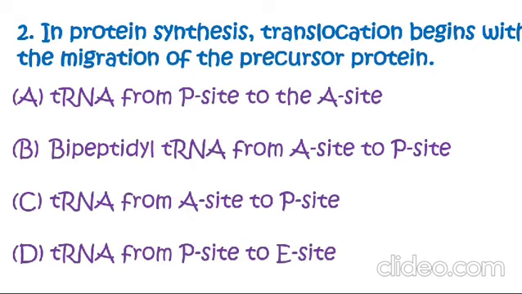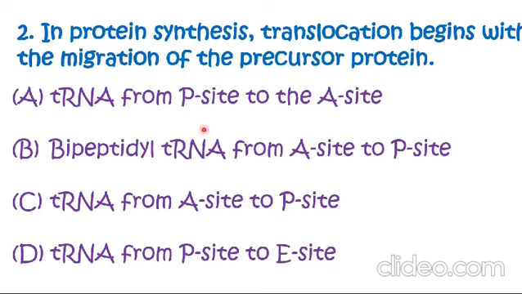Question number 2 is: in protein synthesis, translocation begins with the migration of which? Options are: A, tRNA from P site to A site; B, peptidyl tRNA from A site to P site; C, tRNA from A site to P site; D, tRNA from P site to E site.